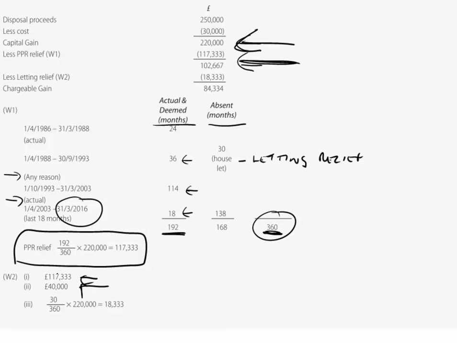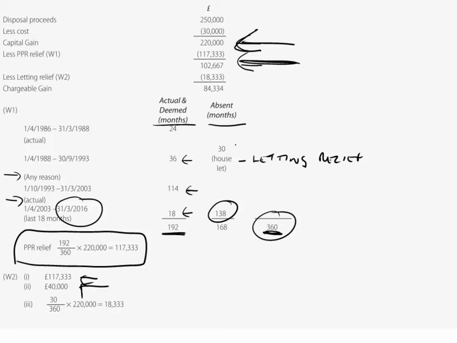Now, had we also let out the property during that final period of absence for that 138 months, or at least all of it bar any part of the last 18 months, then we would have had the lettings relief going higher. It would be higher than 40,000 indeed there, and on that basis 40,000 would have been the lettings relief. But we didn't.